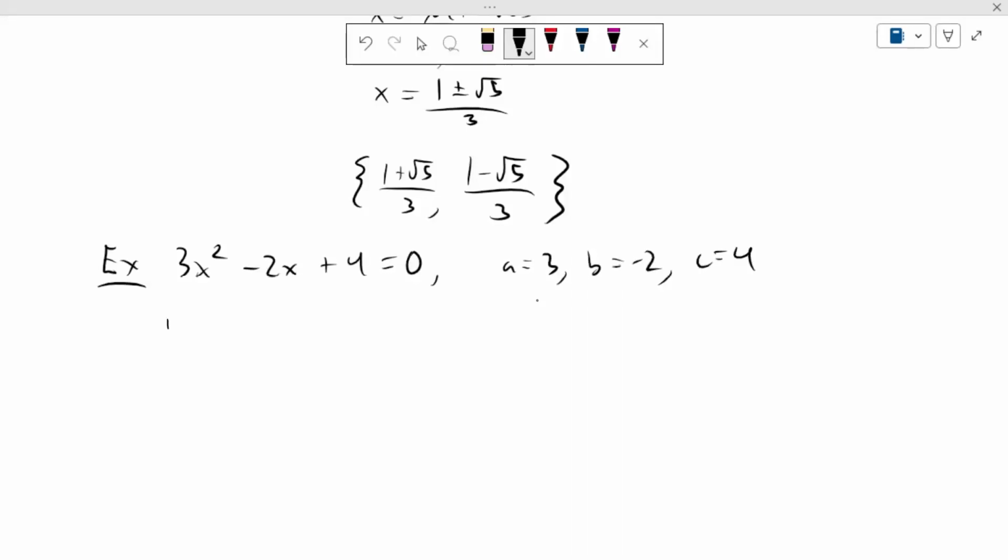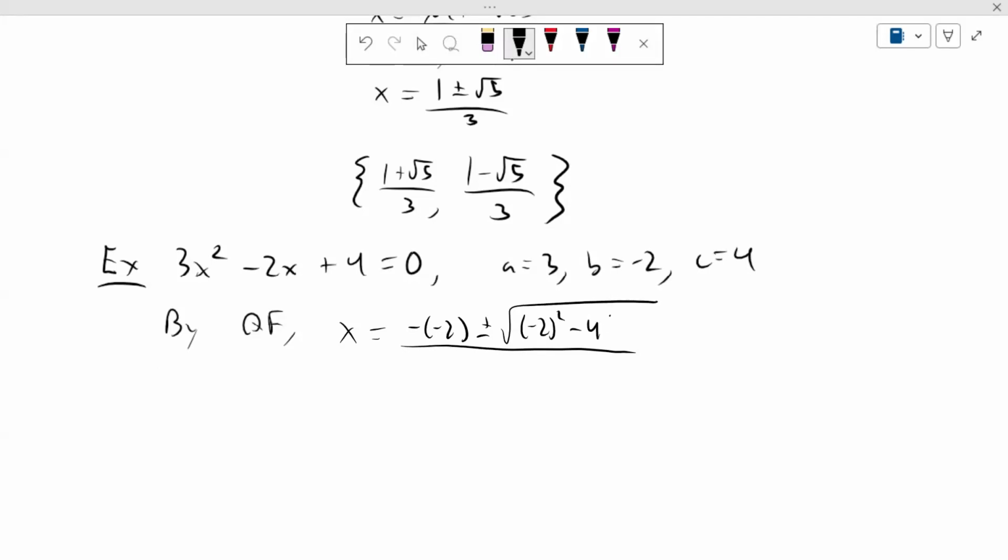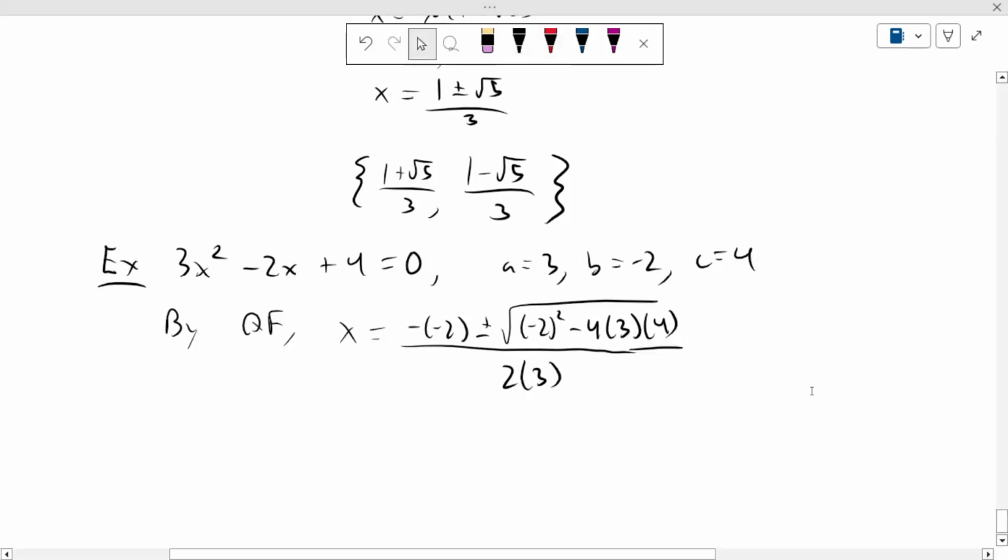By the quadratic formula, we know immediately that x is equal to negative b, so that's -(-2), plus or minus the square root of b squared minus 4 times a times c, all over 2 times a.